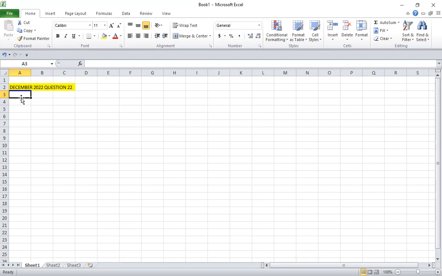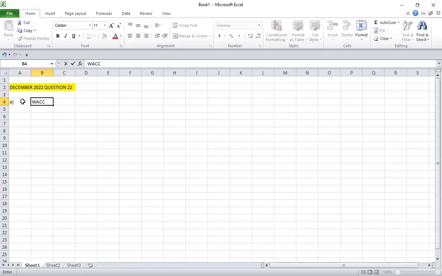Number 3, we should compute the net present value of the project and then advise on the project viability.